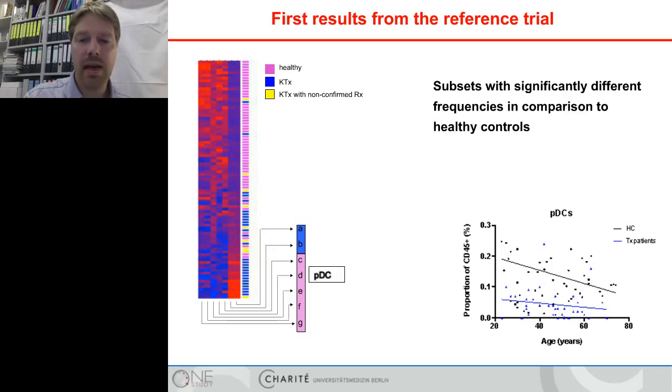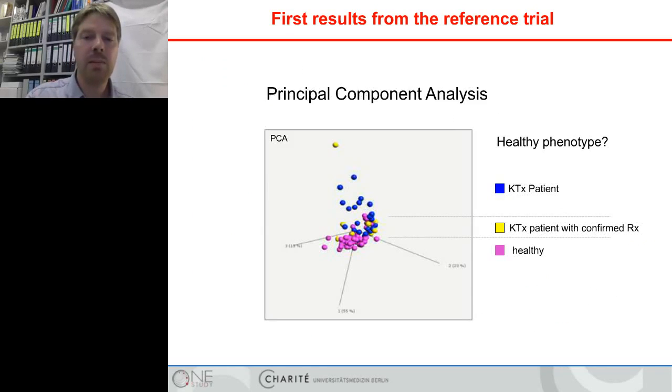Comparing the results with the healthy controls, you can clearly see for the PDCs an increase while aging in the healthy controls here in black, and a much more decreased level of PDCs for the patients before transplantation. Using these 7 subsets, we performed a principal component analysis to identify a phenotype for these different groups.